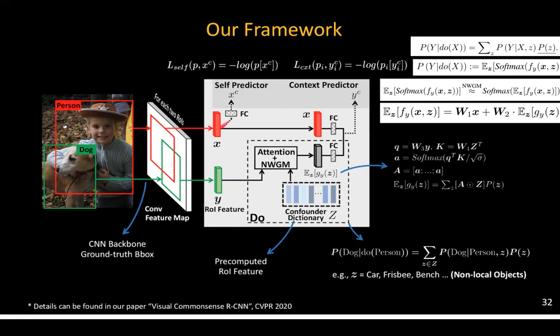The first target is that you have an X, and you still want to know what this X is. So you have a loss function based on this X to predict the label of this object, which is a person. That's very common.